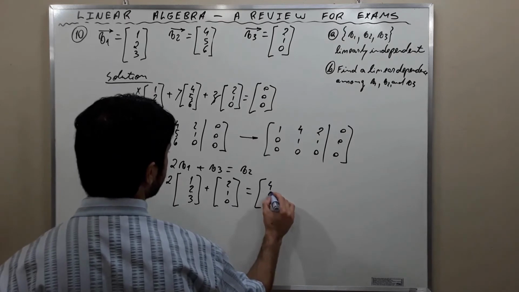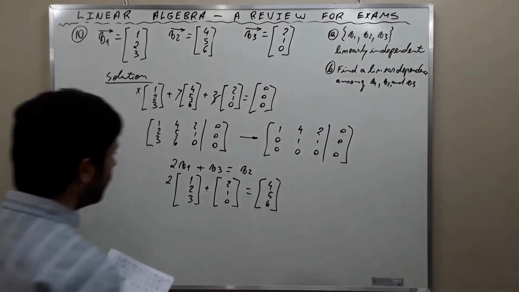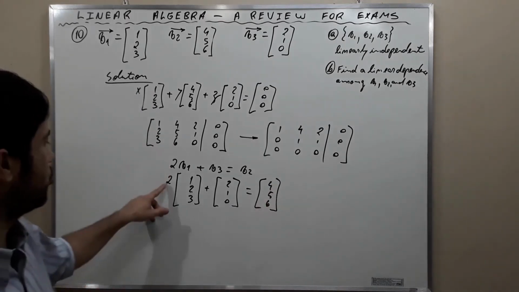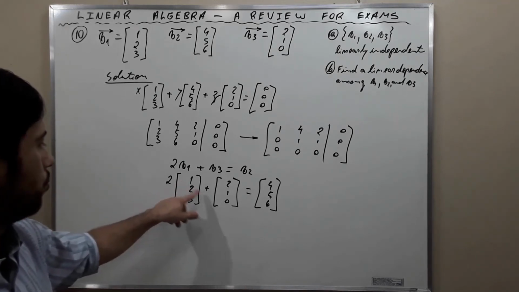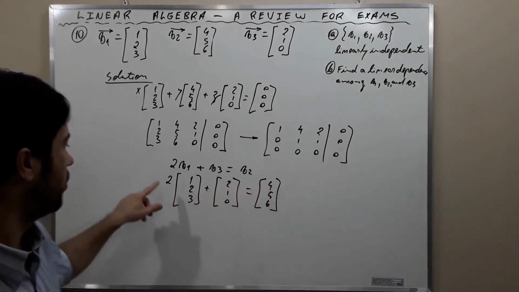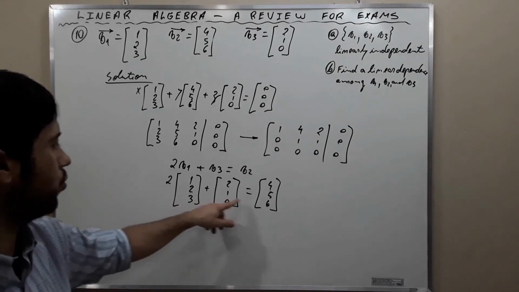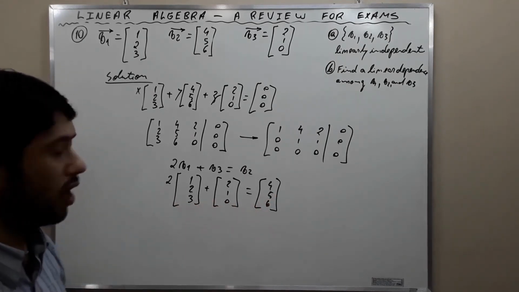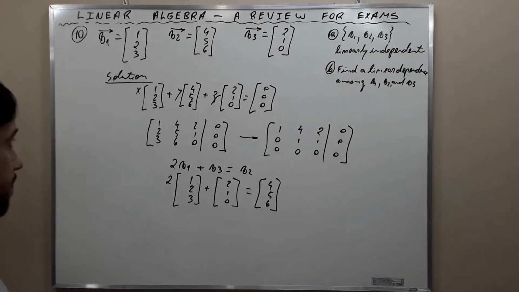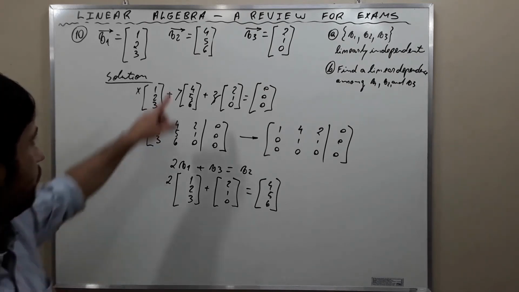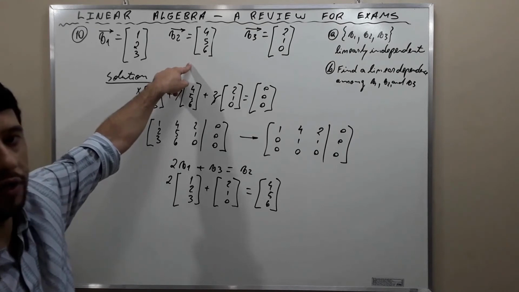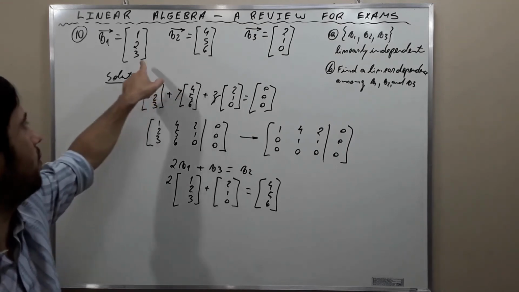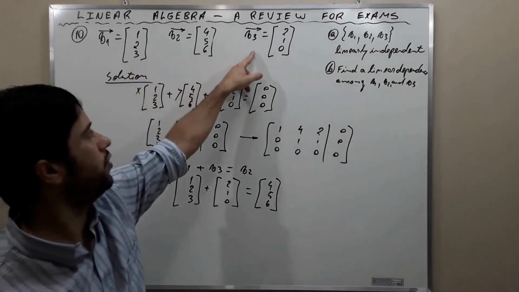Okay? 2 times 1 is 2, plus 2 is 4. 2 times 2 is 4, plus 1 is 5. 2 times 3 is 6, plus 0 is 6. Okay? Then v2 can be written as a linear combination of v1 and v3.